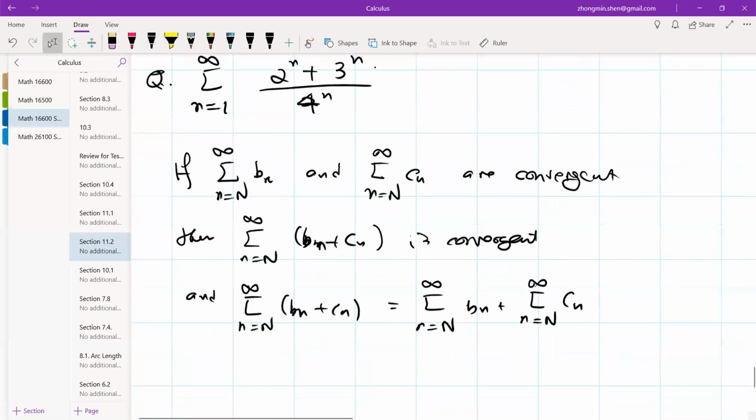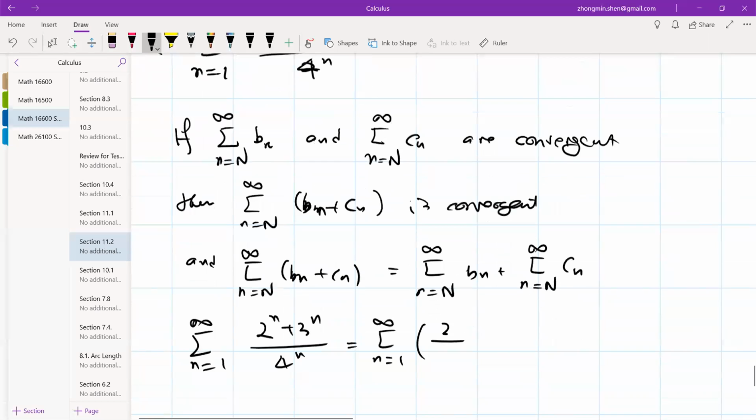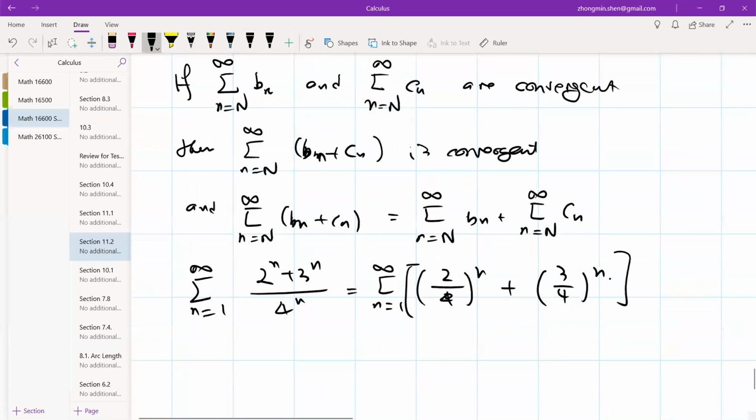So now, in our case here, you actually have two series. 2 to the n, 3 to the n, over 4 to the n, right? And this is going to be (2/4) to the power n plus (3/4) to the power n, right? So now let's focus on each of them.